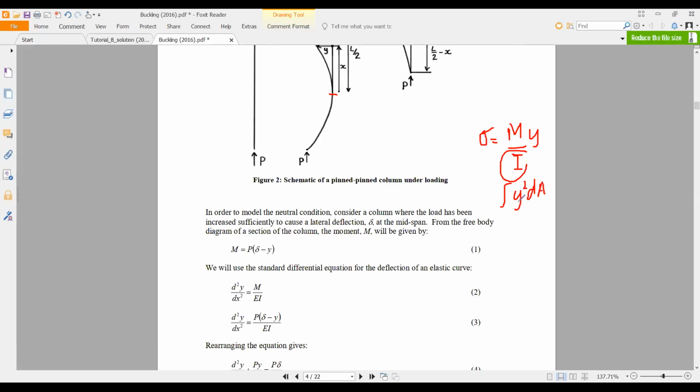Am I right? The second moment of inertia, normally we write it as this integration. If you don't know, tell me. Yes. So if you have an integral, you can get the differential equation with your A-level knowledge.